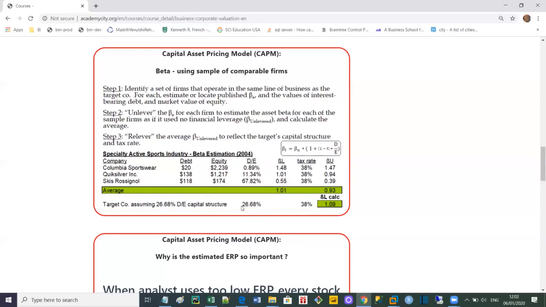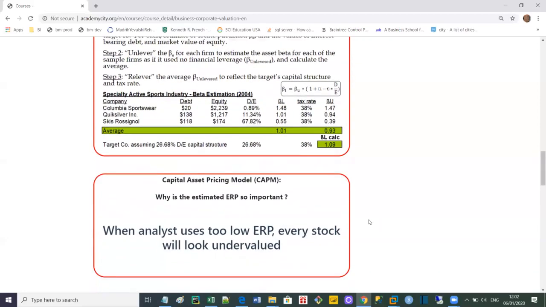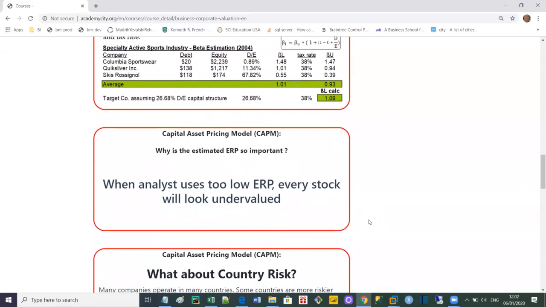If our company has a debt to equity ratio of 26.68%, that's what we'll plug in here. We multiply it by the 0.93 and we get the leveraged beta. This one we can use in the CAPM model to estimate the risk of the return on the equity.